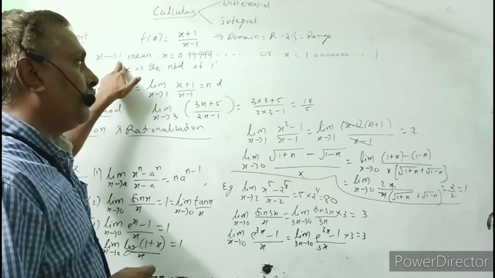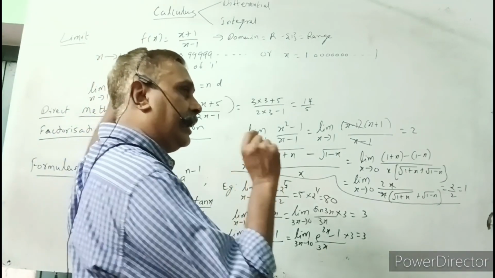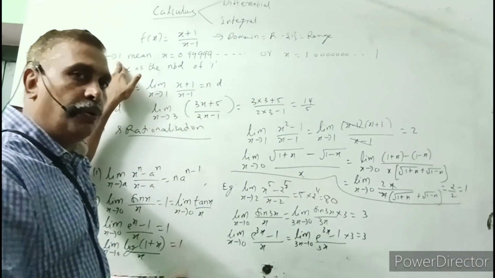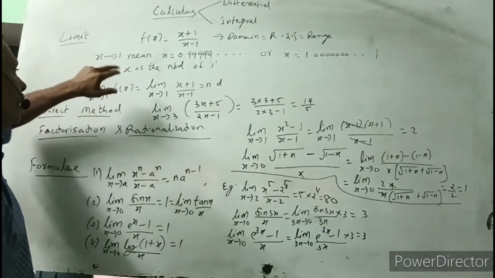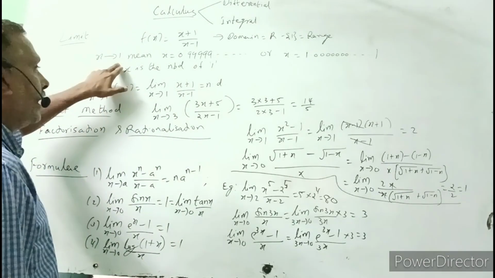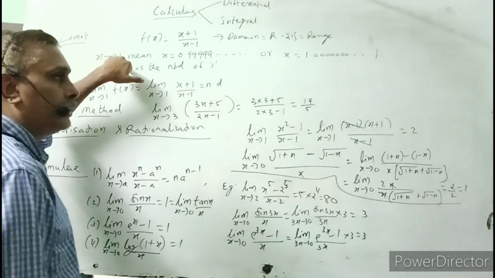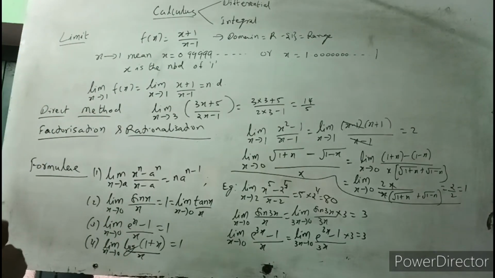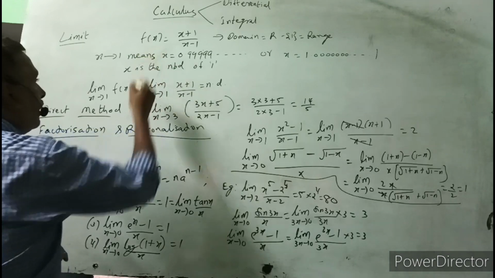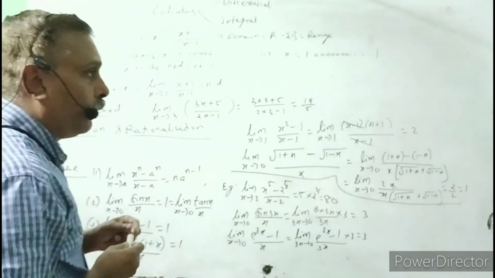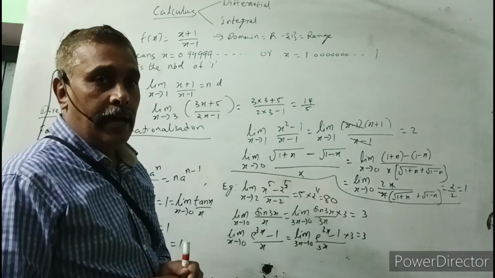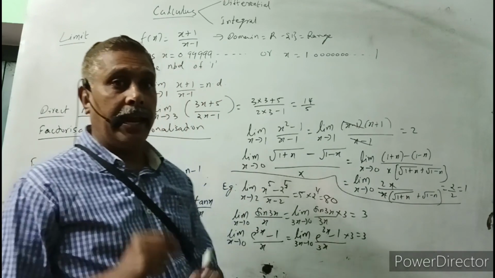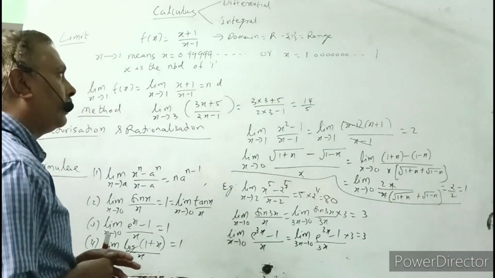What is the difference between x is equal to 1 and x tends to 1? x is equal to 1 means only one value of x, but x tends to 1 or x approaching 1 means x can take an infinite number of values which are very near to 1, or we are saying the values of x are in the neighborhood of 1.